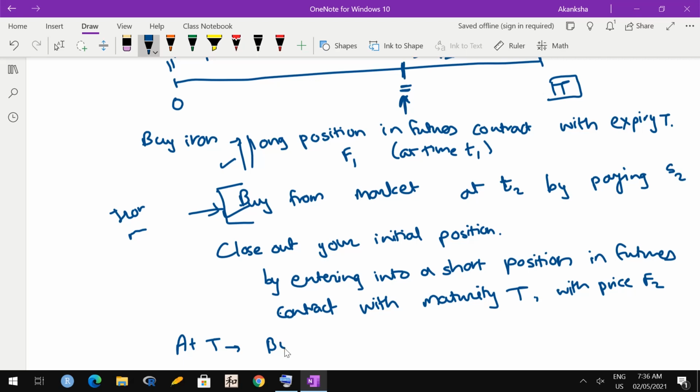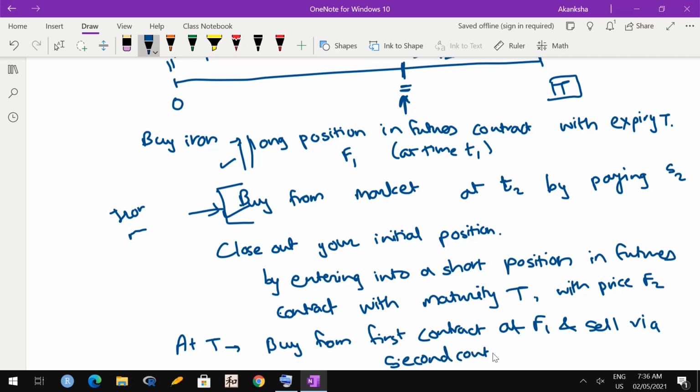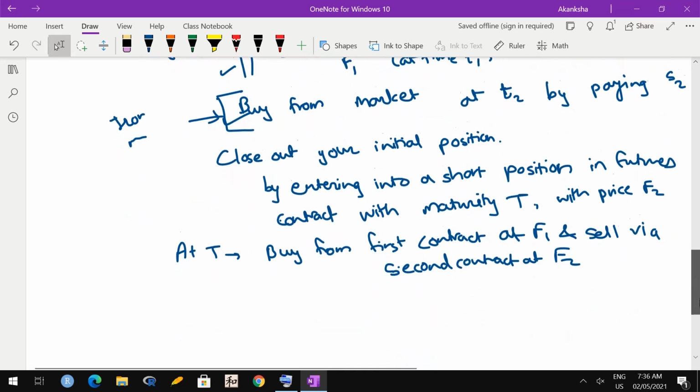So you buy from first contract at F1 and sell via second contract at F2. So the iron is gone, you bought and you sold it, so no question of iron, and money also more or less gets compensated. So whatever you get from the second contract, you spend the same thing in the first contract. So you don't need money from your own pocket except for the differences.